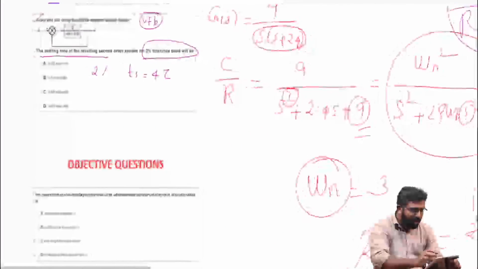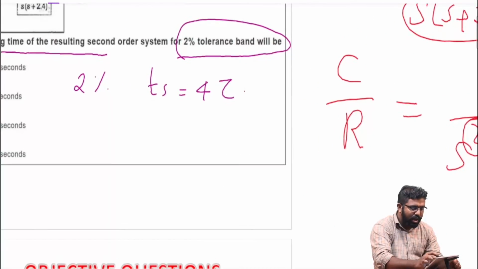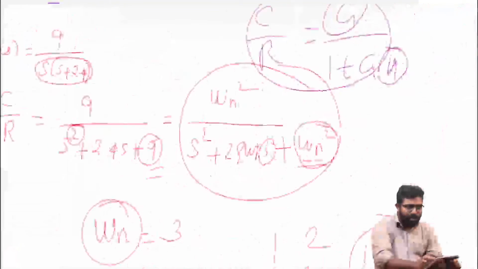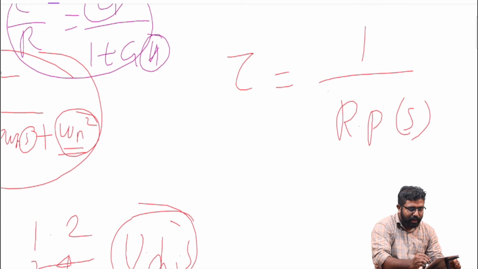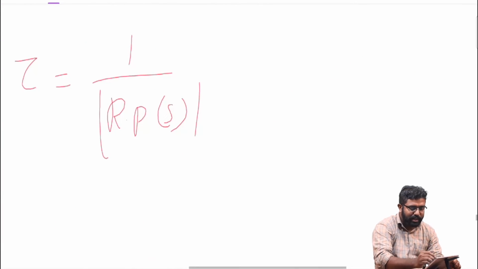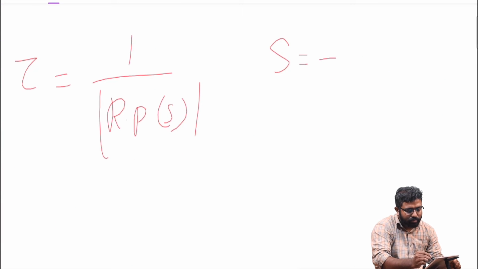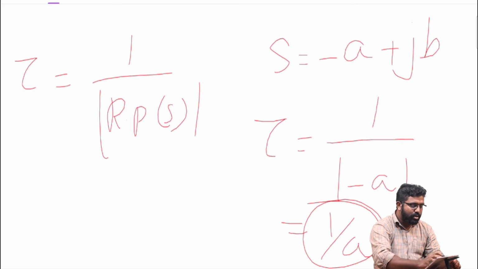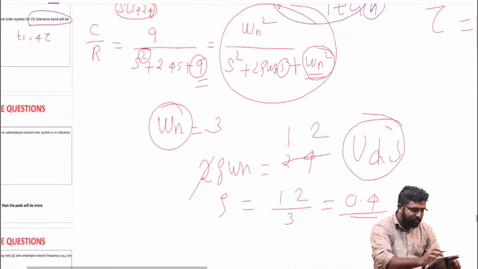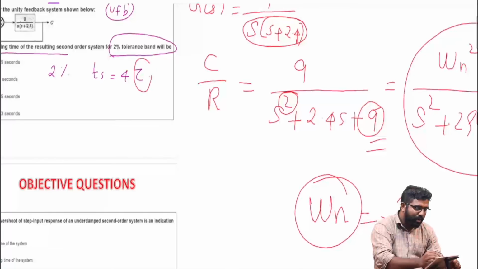Now I need to find the time constant. What do you mean by time constant? Time constant is equal to 1 by the modulus of the real part of the pole. If suppose my pole is S equals minus A plus jB, my time constant equals 1 by modulus of minus A, that is 1 by A. So where will I get the time constant from?